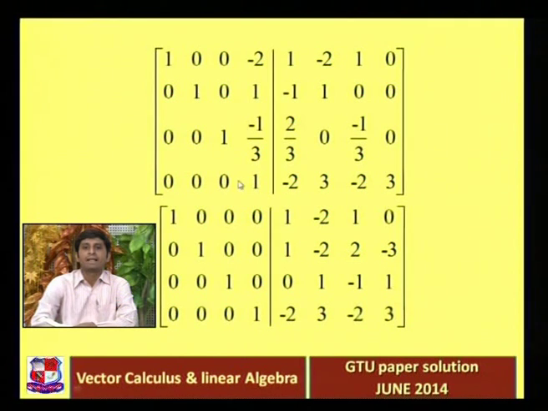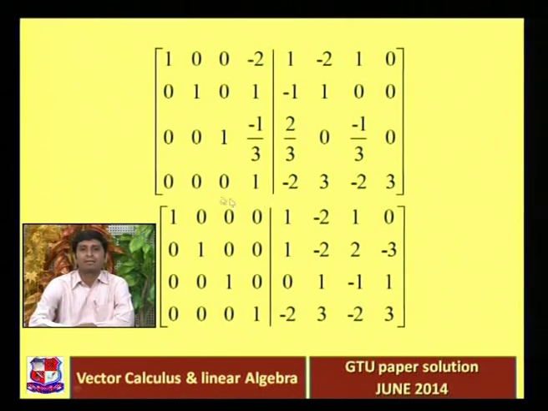Also we are multiplying the fourth row with 2 and adding into the first row, so the first row is 2 minus, right. Multiplying the fourth row with 2, so -4.